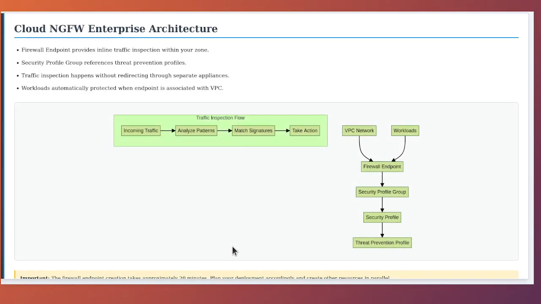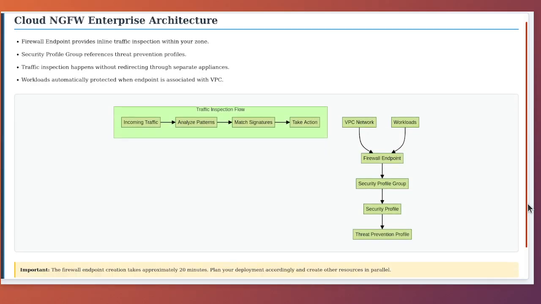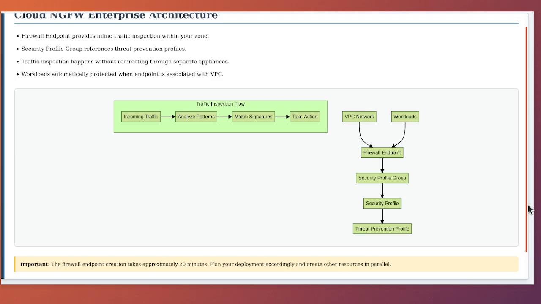Cloud NGFW Enterprise Architecture. Now let me walk you through the architecture of Cloud Next Generation Firewall Enterprise and how the Intrusion Prevention Service integrates with your workloads. The diagram illustrates the complete flow of how traffic inspection works. At the foundation, you have your VPC network, which is your isolated virtual network environment in GCP where all your resources reside.